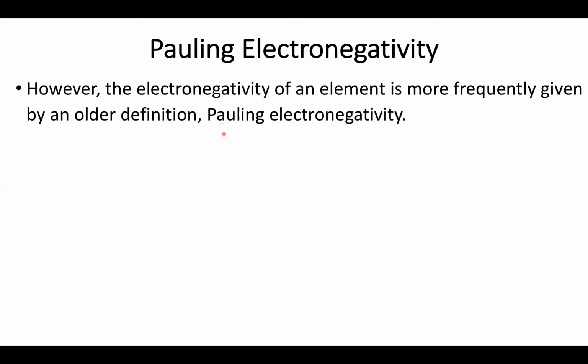So the idea of the Pauling electronegativity is simply focusing on this idea of electronegativity being the desire of an atom to procure electrons. So how much does it want the electrons in a bond? And so what it does is it first starts by defining some reference atom and defines that electronegativity.